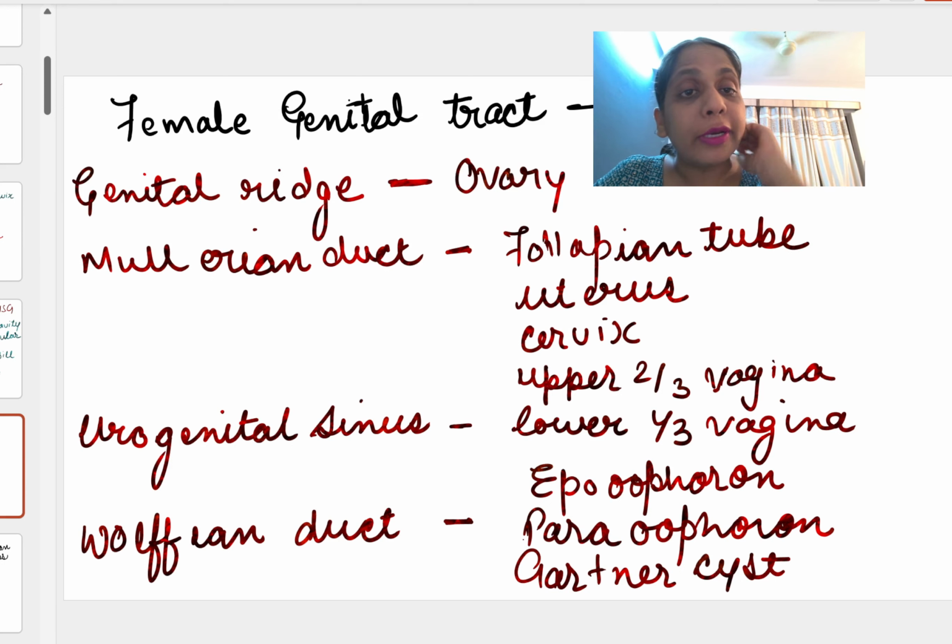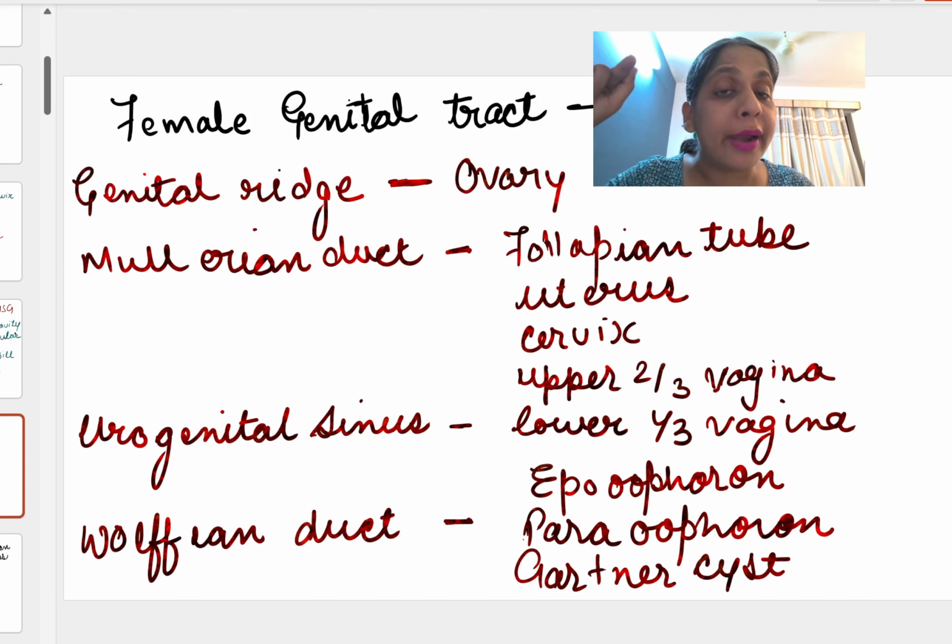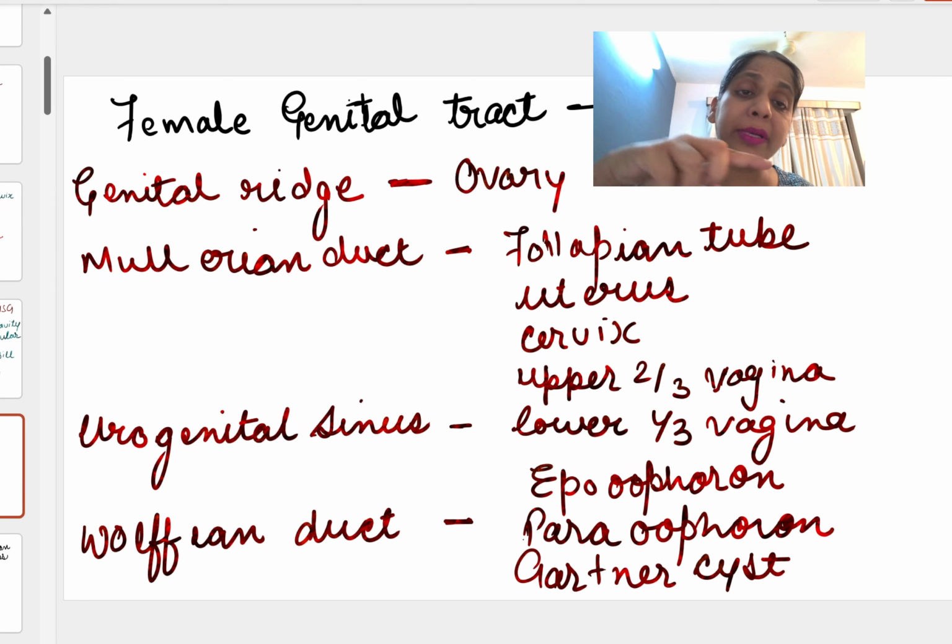Imperforate hymen and Bartholin cyst are both just at the hymen opening or labia majora and minora, but this Gartner cyst or Gartner duct is at the upper end of the vagina in the peritoneal cavity. Even if it swells, it creates a swelling in the vagina, but it is very upper, very inner, so we have to put retractors to see that swelling.